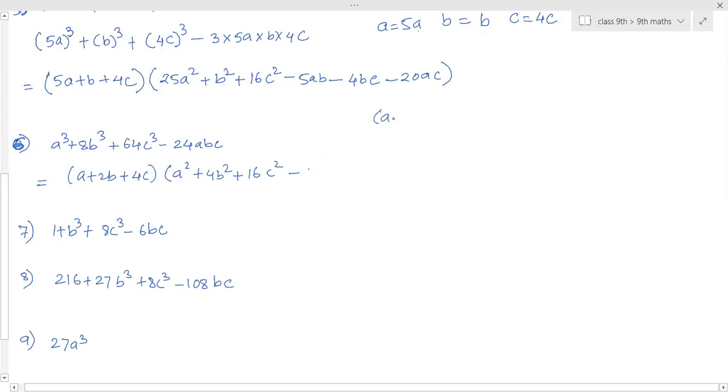So you have the identity A plus B plus C into A square plus B square plus C square minus AB, not 2AB, minus BC, minus CA. Only the product you are writing.